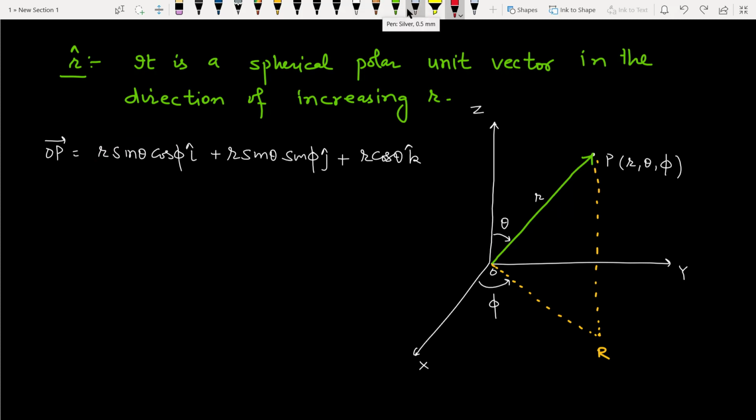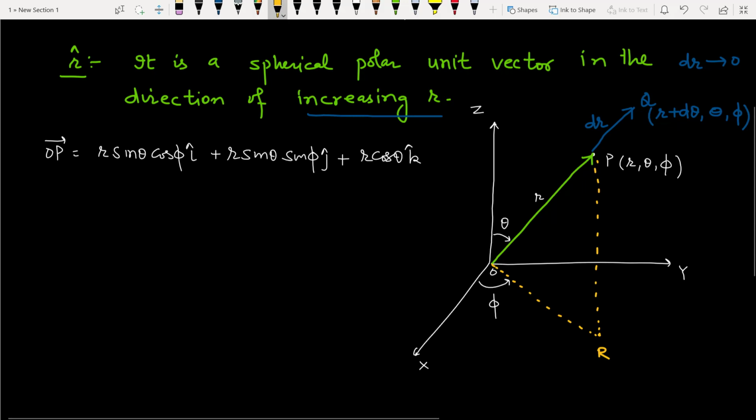Now what is the meaning of the term increasing r? If we increase r to the point Q by a small amount dr, which tends to 0, this is a very small change, r plus dr, keeping the other two coordinates theta and phi the same.